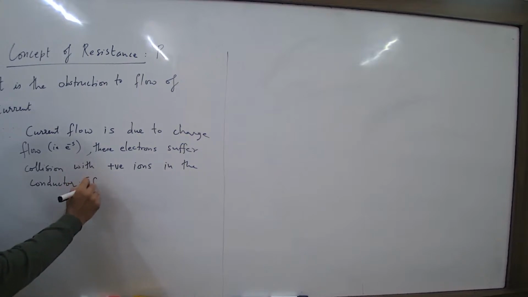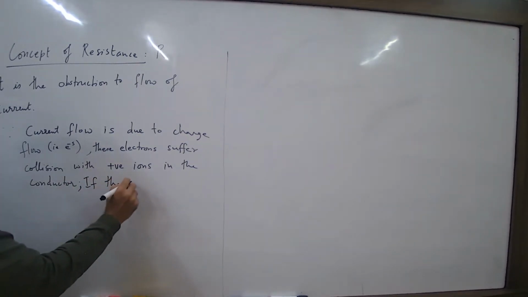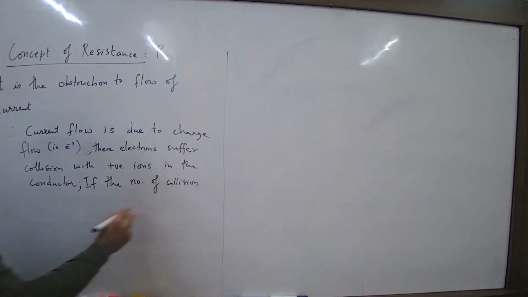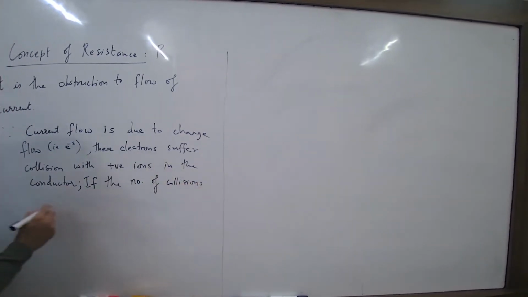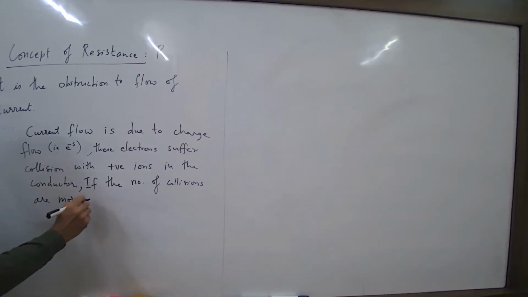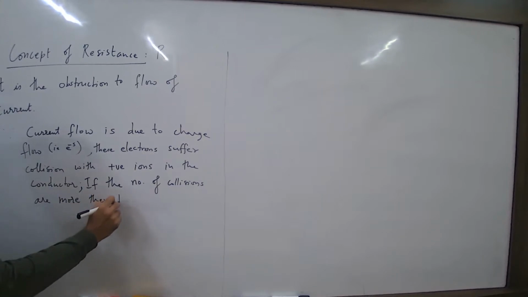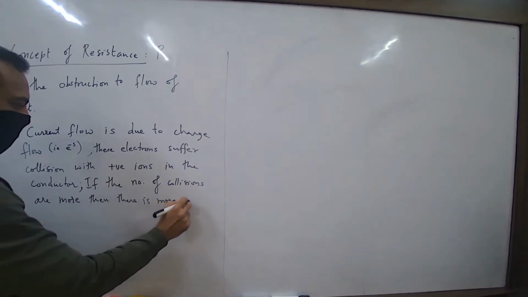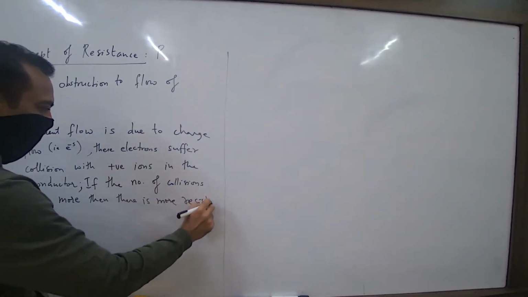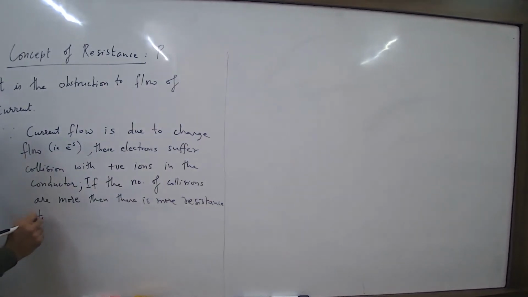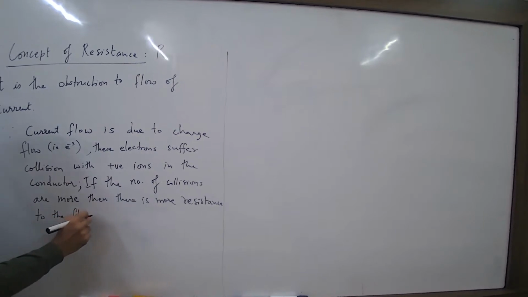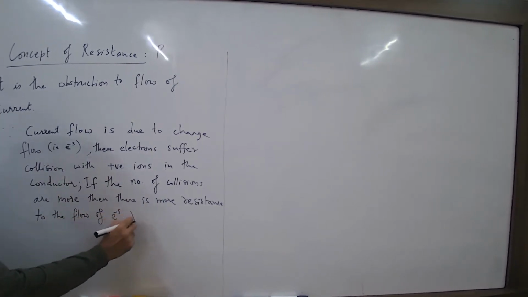If the number of collisions is more, then there is more resistance to the flow of electrons and hence current.